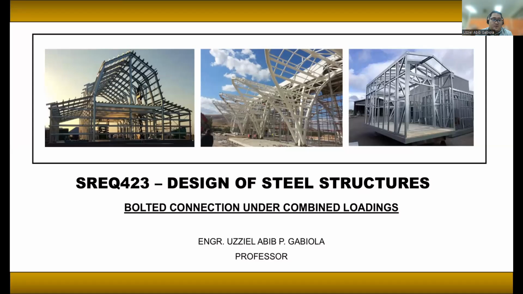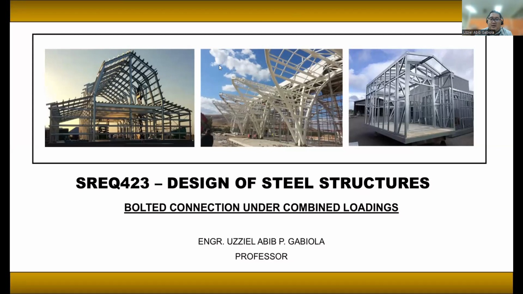And for today, we will be continuing our discussion of bolted connections, but focusing now on two types of loading acting simultaneously on our connection. Last time we discussed the bearing type of bolt connection, and also the slip critical connection.